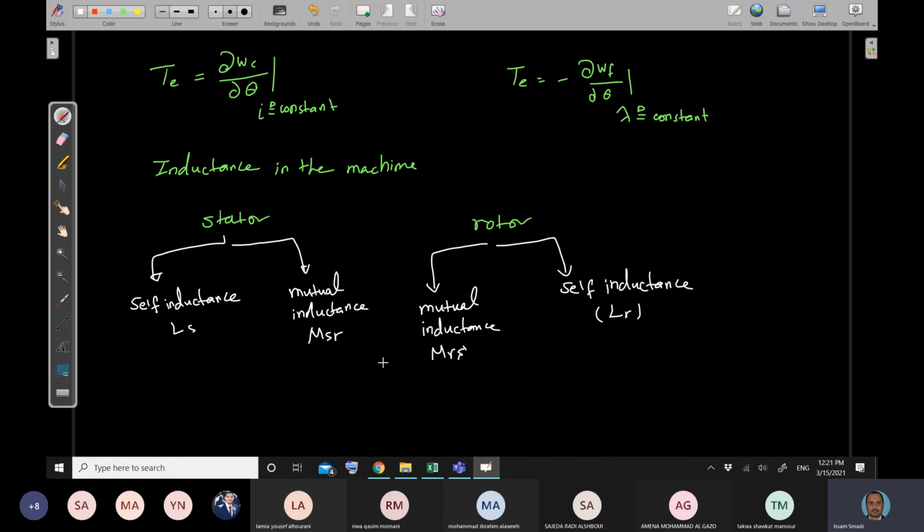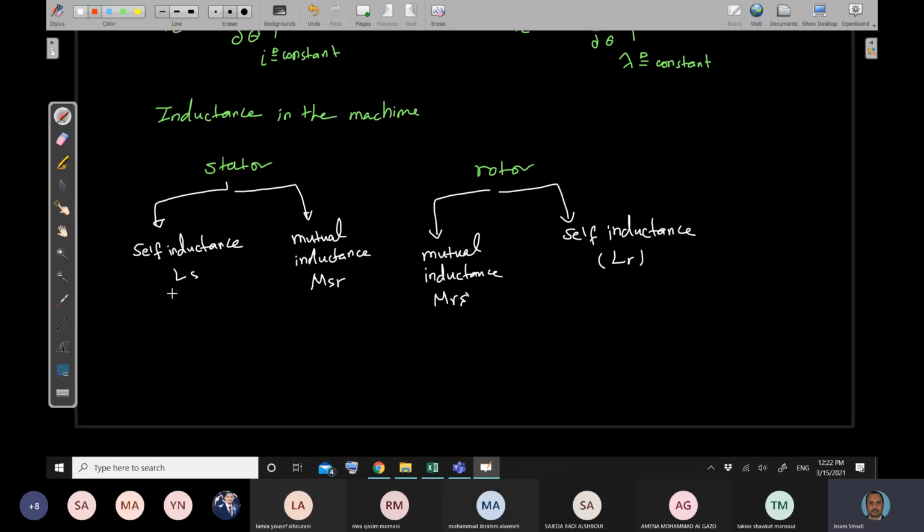And if we need to calculate any self-inductance, for example LS, I'm assuming a linear magnetic circuit, and we know that for a linear magnetic circuit, lambda can be written as Li.